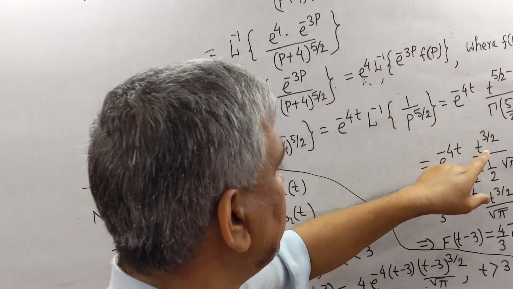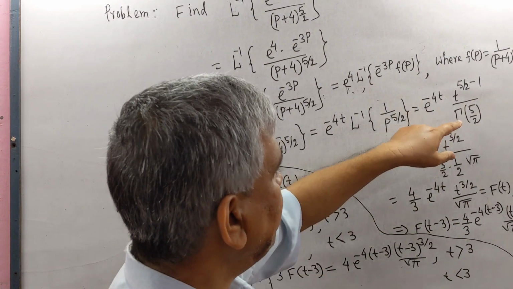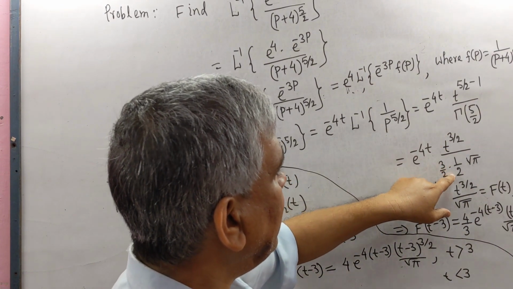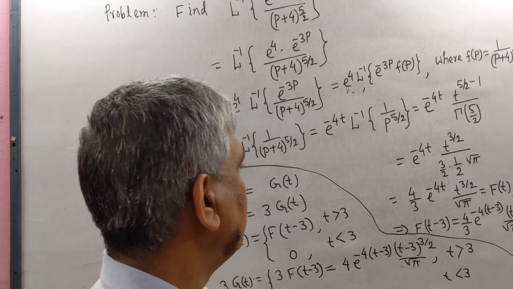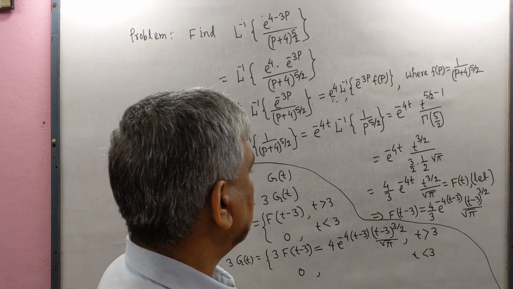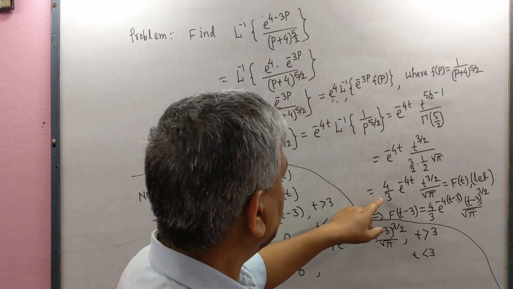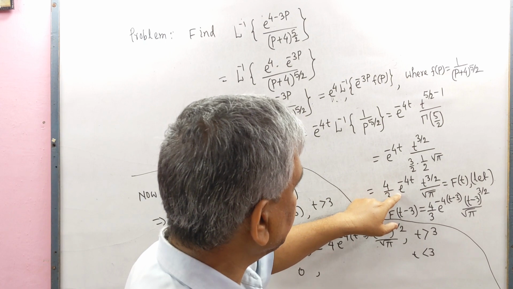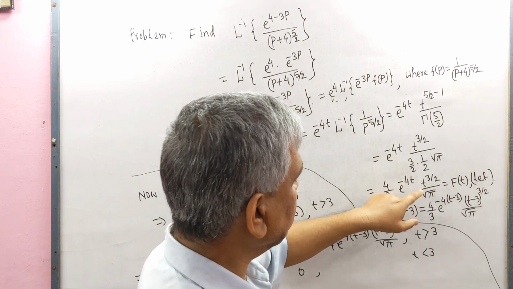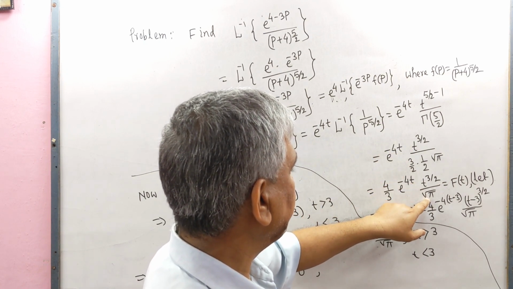This is equal to t to the power 3 by 2, and gamma 5 by 2 is 3 by 2 into half into gamma half, which is 3 by 4 square root pi. So this is 4 by 3 e to the power minus 4t t to the power 3 by 2 by square root pi.